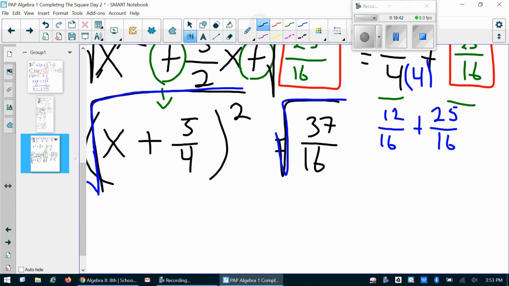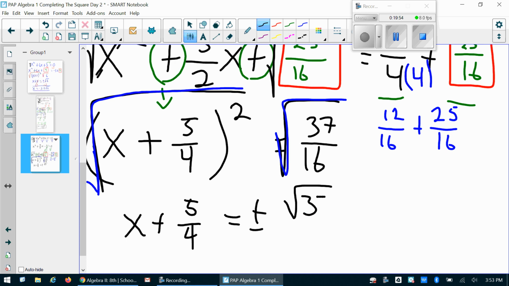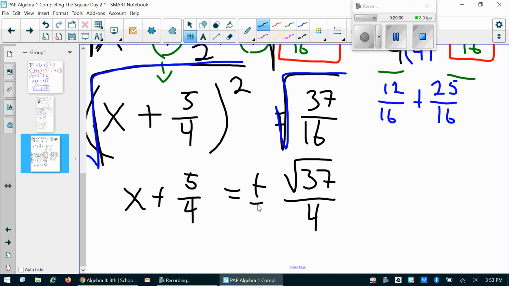I'm going to get, after I square root, x plus 5/4 equals plus or minus. We're going to square root both top and bottom separately. So square root of 37 is just square root of 37. The square root of 16 is 4. Subtract 5/4 from both sides.